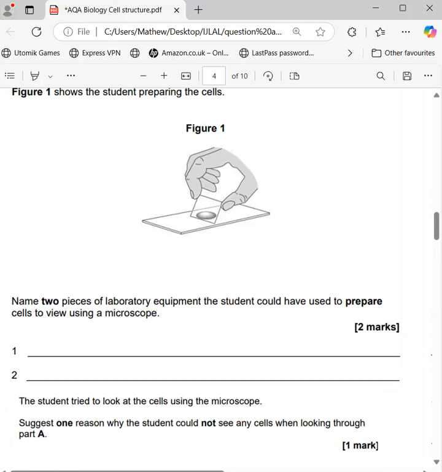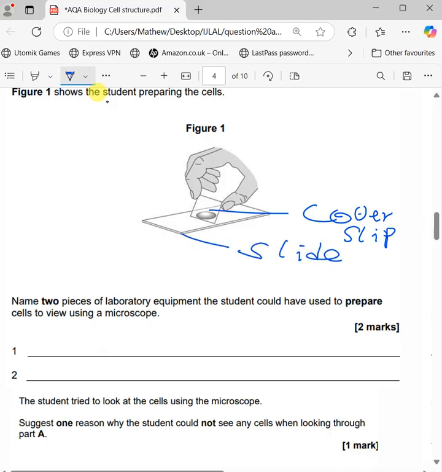Name 2 pieces of laboratory equipment the student could have used to prepare cells to view under a microscope. This is quite easy. It's just to label what the student is actually doing. First, this is called a cover slip, and he needs a slide. That's all. So slide, cover slip.